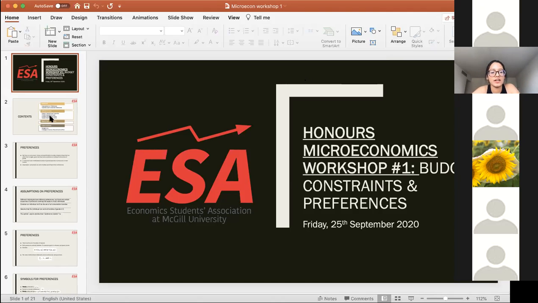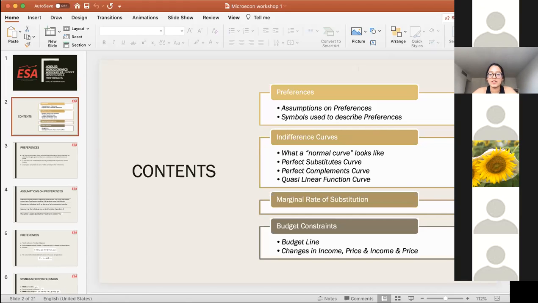So I'm going to start. Basically, I'm going to go through preferences, the 4 main assumptions for preferences. We're going to go through indifference curves, what a normal indifference curve looks like, and the other 3 types that they usually ask you in midterms and finals: perfect substitutes, perfect complements, and the quasi-linear function curve.